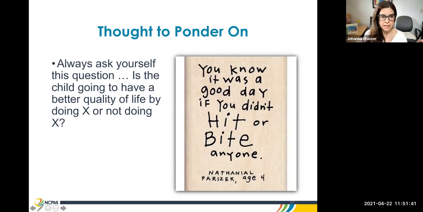One of the big things with this is that sometimes it's hard to think about what the alternative behavior is going to be as the end result of the behavior support plan. For instance, that scenario I mentioned earlier, the child avoiding or escaping circle time.